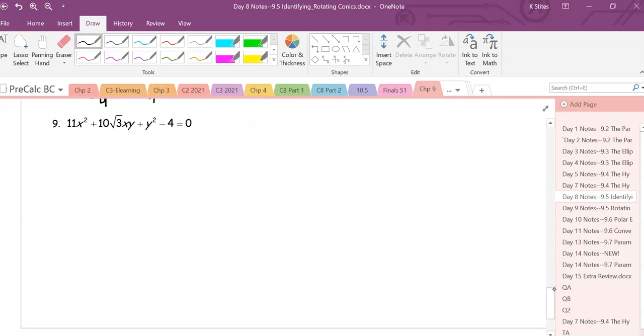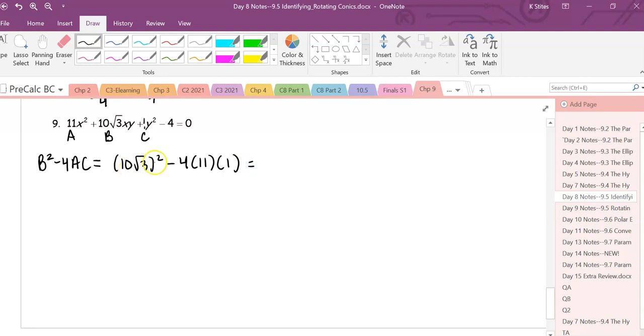Okay, so first step, identify A, B, C. A and C are just going to be 1. And let's figure out whether this is a hyperbola, ellipse, or parabola. We do that with b squared minus 4ac. So 10 root 3 squared minus 4 times 11 times 1. All right, let's see here.